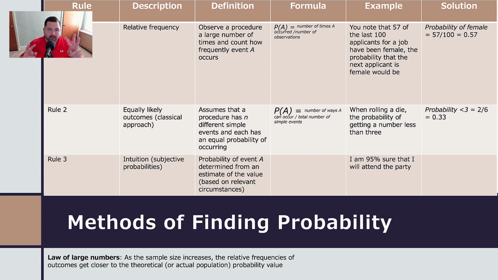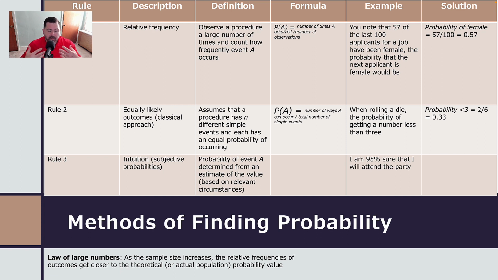So these are 3 ways in which we can measure and determine the probability of an event A, representing the event happening compared to when it's not happening. And one of the things that's important to understand when we're using these 3 different ways of determining probability is that as the sample size increases, we can get the relative frequency of an outcome closer to the theoretical probability value of what it actually will be, right?